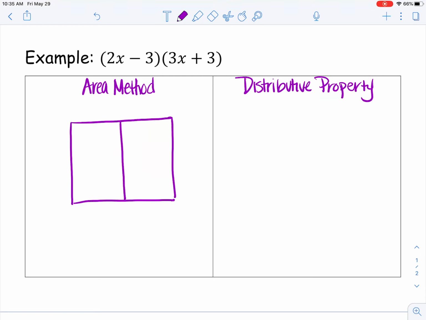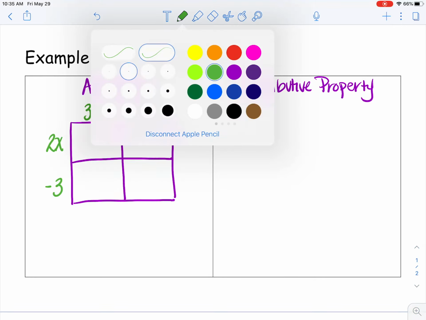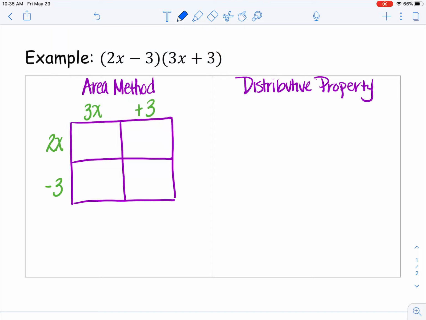You could use it for a monomial times a trinomial. It just, your box would be a different size. Okay, so 2x minus 3 is my first binomial, so I'm just going to put that down the side. And then 3x plus 3 is my second binomial. Okay, just like the Punnett square, guys.